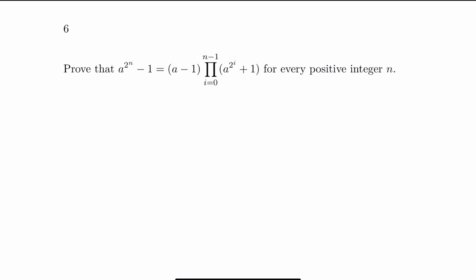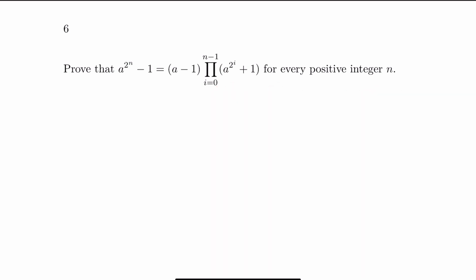So we have to show that a raised to the 2 to the n minus 1 is a minus 1 times a to the 2 to the 0 plus 1 times a to the 2 to the 1 plus 1, and so on to the n minus 1 term.